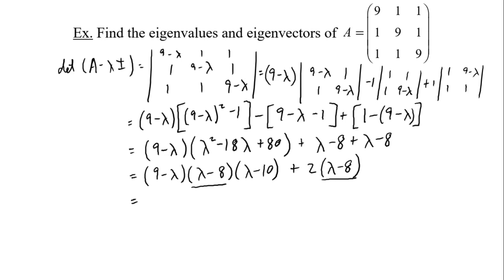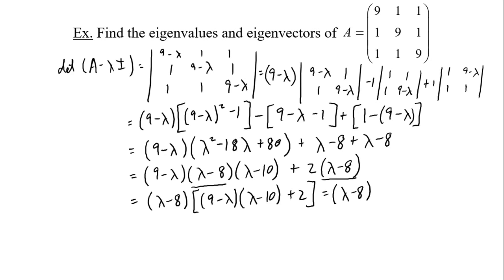I can factor out that lambda minus 8, and now I'm left with 9 minus lambda times 10 times lambda minus 10 plus 2. In other words, what I'm left with now is a quadratic, and that certainly makes life a lot nicer. So if I FOIL that out, I'm going to get negative lambda squared plus 10 plus 9, so plus 19 lambda, minus 90, but then plus 2 more gives me minus 88.